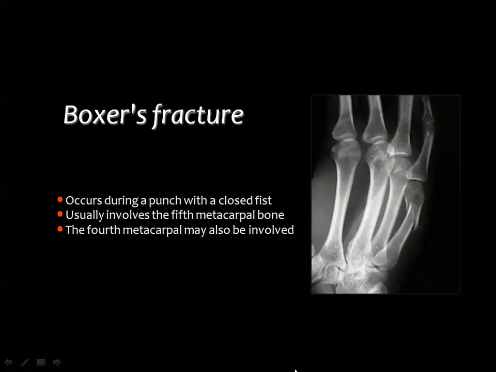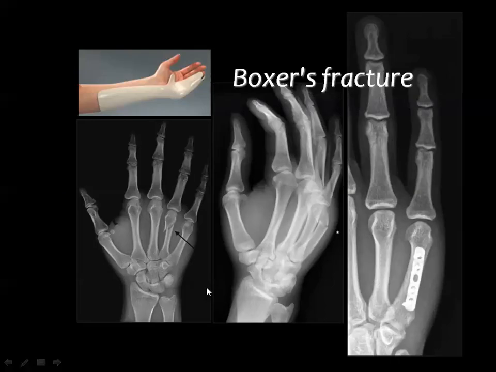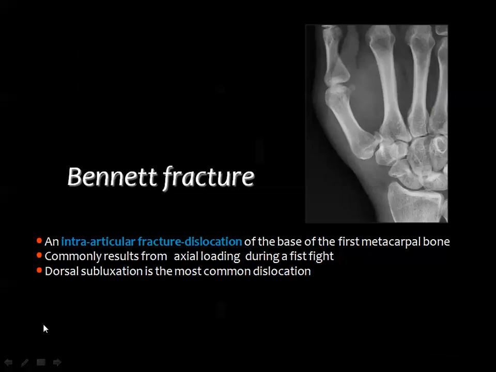Then we come to the second fracture, which is the boxer fracture. It usually involves the fifth but may involve the fourth metacarpal bone. This is an example of boxer fracture affecting the fourth metacarpal bone, and this is an example of a fracture involving the fifth metacarpal bone, and this is how to fix this fracture.